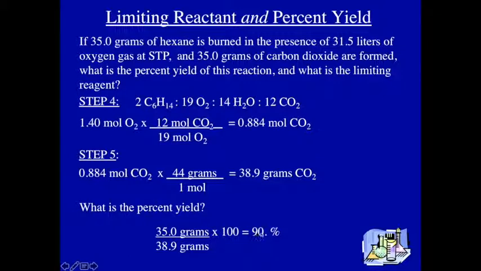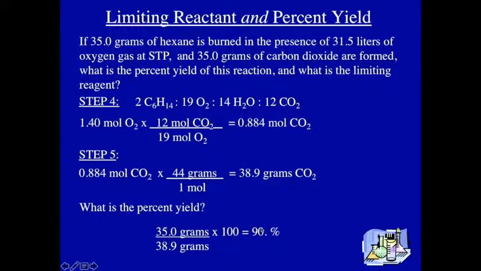We get a 90%. Now, I was a little sloppy with the sig figs in this problem, I'll admit, but since I'm basing all of my molar masses on 2 digits, I'm going to give 2 significant digits for my final answer. 90., that tells me that both of these digits are significant. 90% is my percent yield.